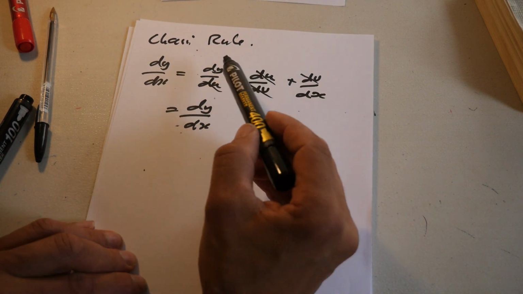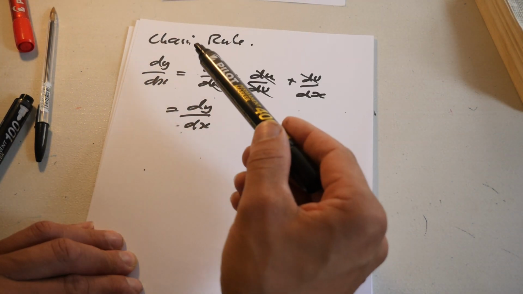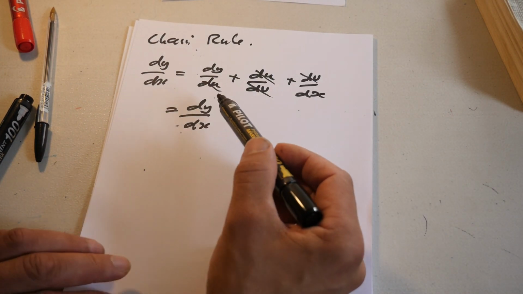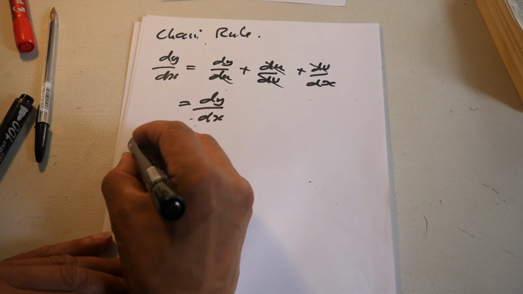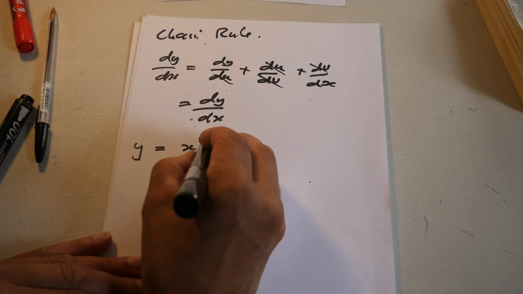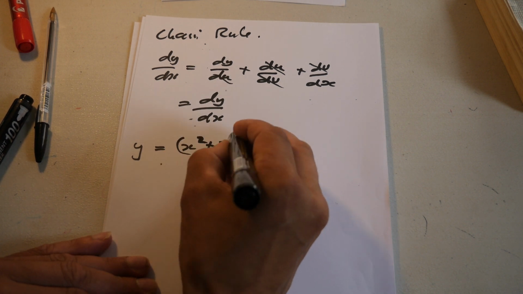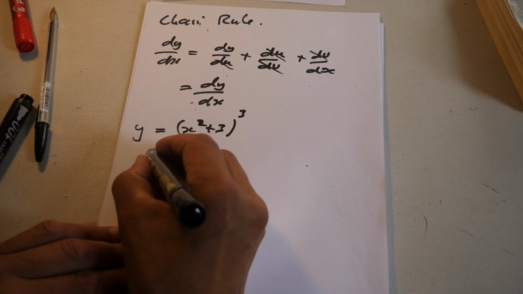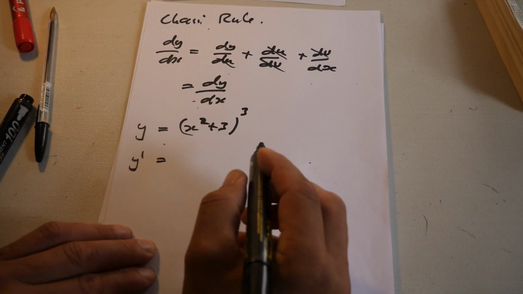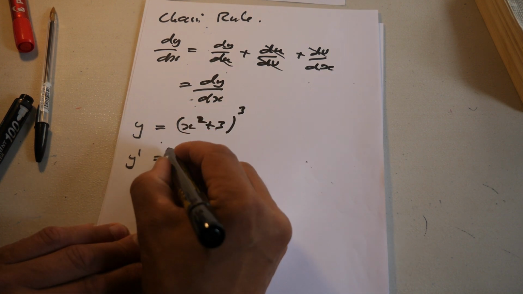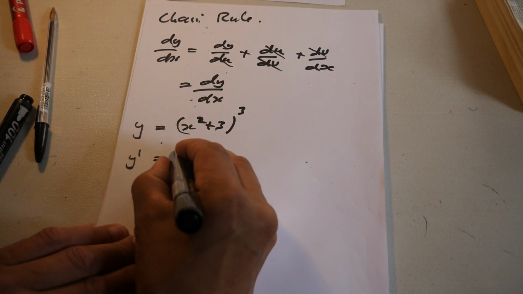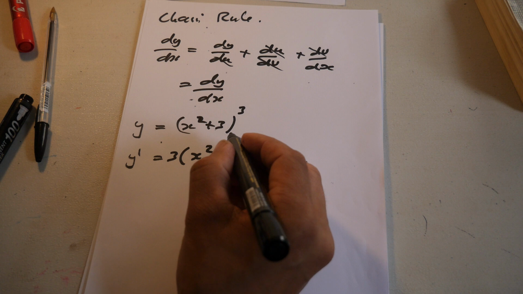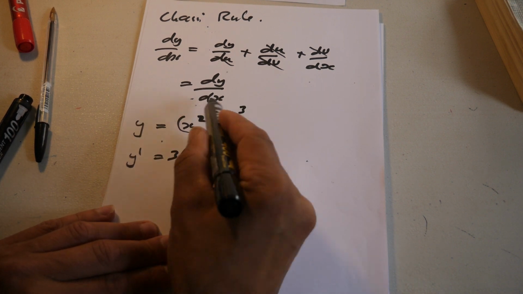So, yeah, you're taking a function of a function of a function, the derivative of all the subfunctions, multiply them all together, and you get the derivative of the whole function. So, if y equals x squared plus 3, cubed, okay, best way to demonstrate, the 3 comes down as normal. You differentiate the outside first, so 3 times x squared plus 3 squared, okay.